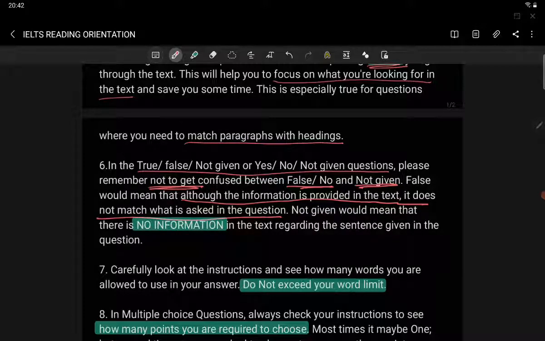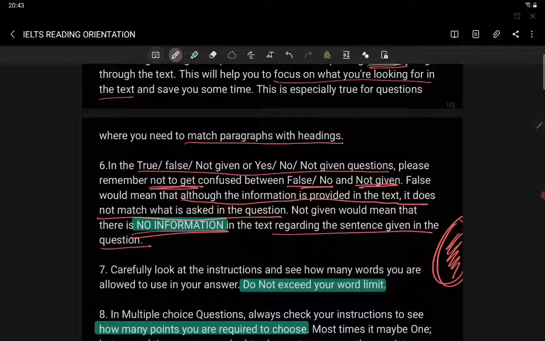For example, if I say this pen is red, it is true. If I say this pen is blue, it is false or no. But if I don't mention the color of the ink in the pen, then it is not given.